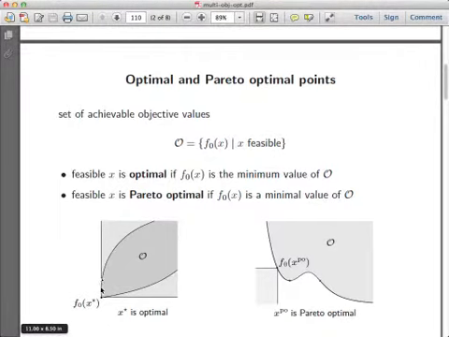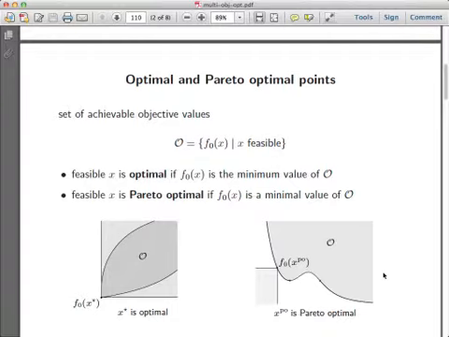Now, in general, that's not going to happen. This is almost always trivial and completely non-interesting. What you get in the most general case is this concept of Pareto optimality, which basically says that you lie on the boundary, and no other point can do better than you unless it sacrifices one of the objectives.